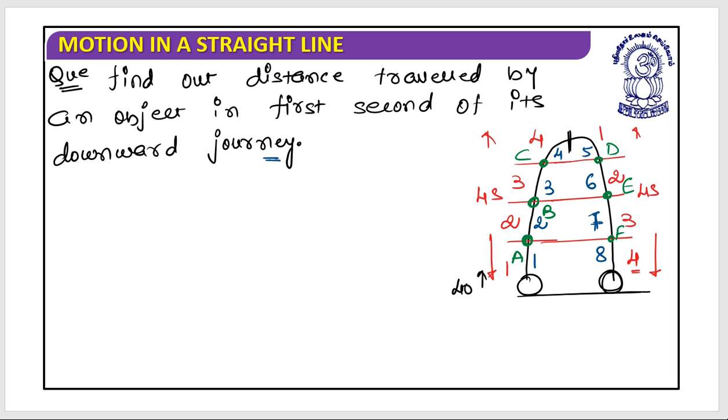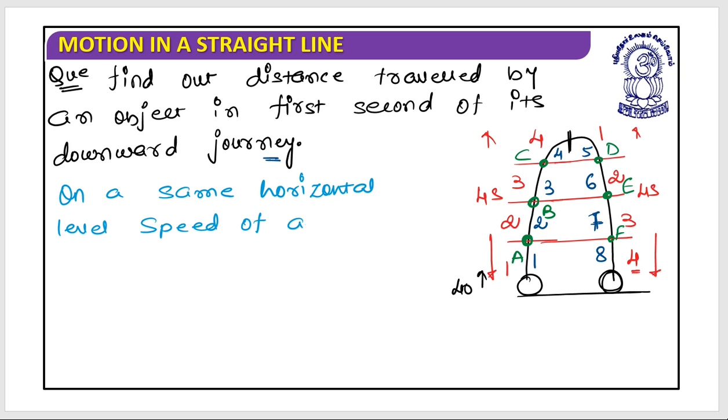One point I want to clarify is that on the same horizontal level, the speed of an object is always the same.